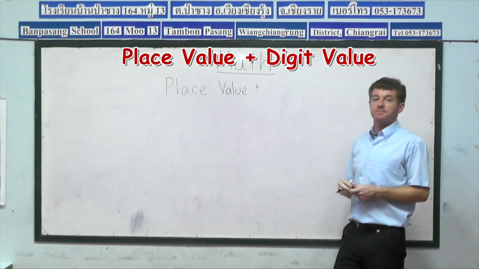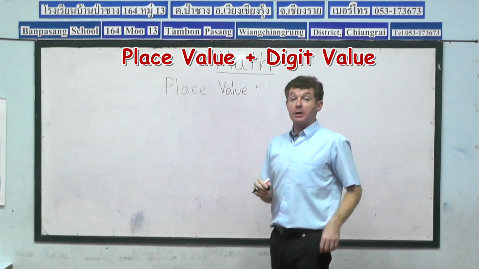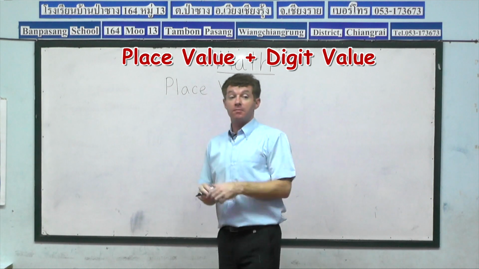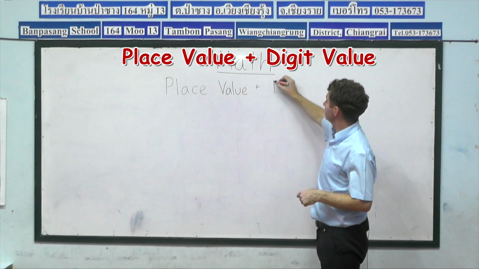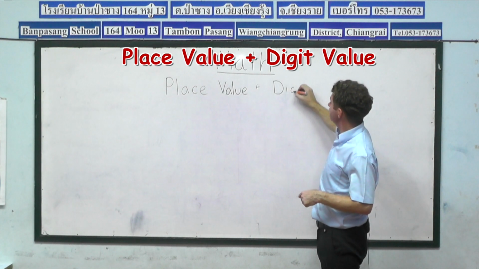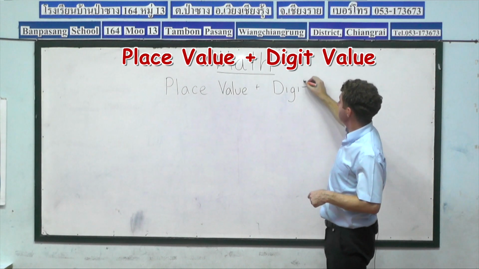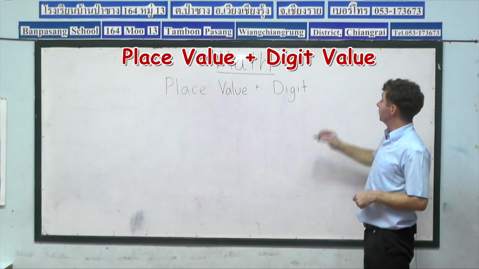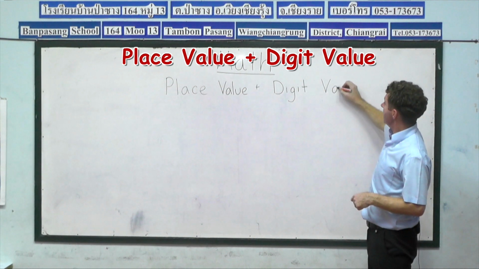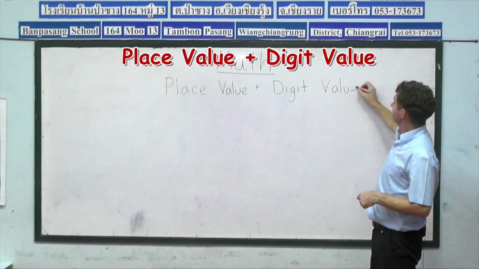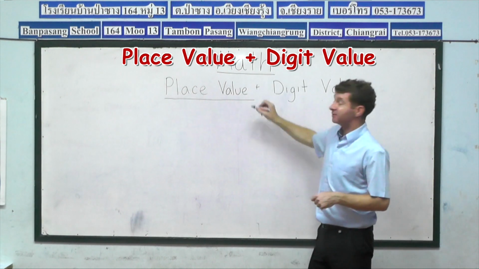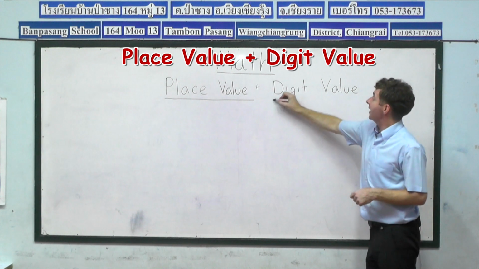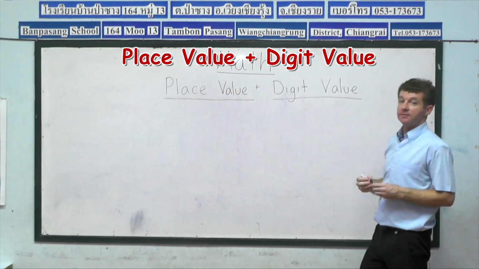Place value is one way we can read with the sequence of numbers, and then digit value, D-I-G-I-T. Value, V-A-L-U-E. So altogether, guys, we've looked at place value and digit value.